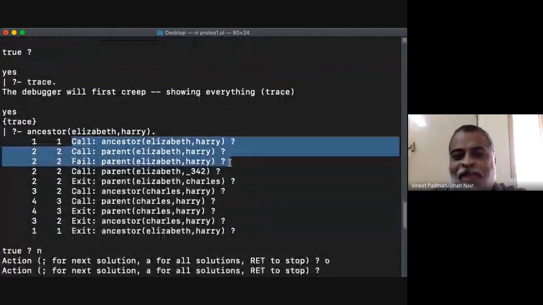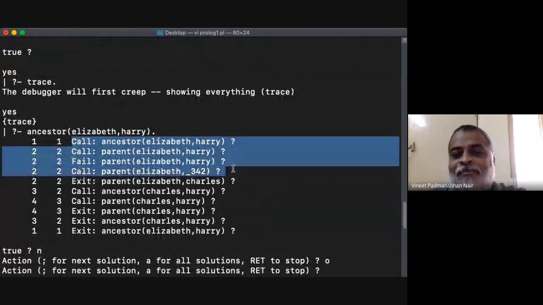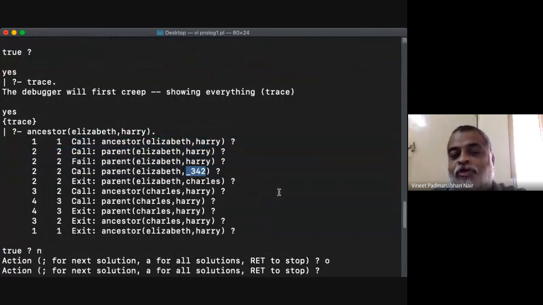Then it backtracks. Is Elizabeth the parent of, there is underscore 342. Underscore 342 means Prolog is internally assigning a variable to X or Y, which you might have given as variables, but when Prolog internally assigns, it often assigns every variable with an underscore and a number.